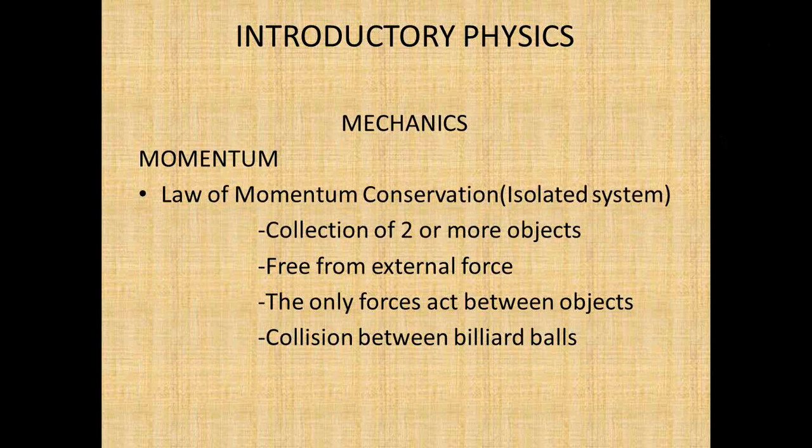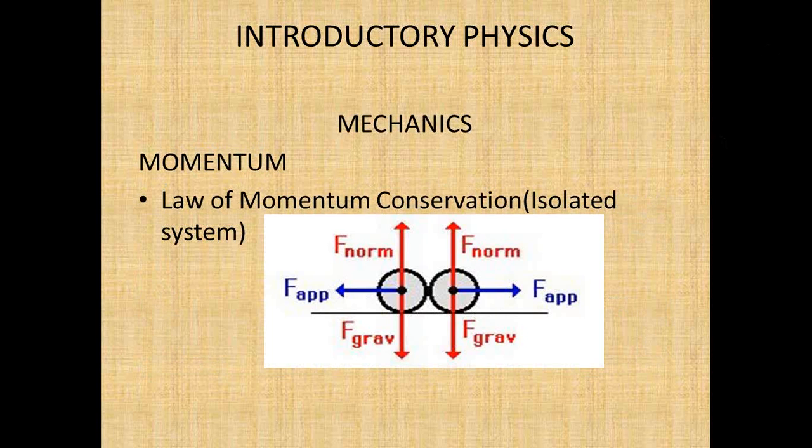If you look at the collision of two billiard balls, this would be an isolated system. So this is one billiard ball and this is the second. If there's contact between them, if you look at all the forces acting on the billiard ball, you have the force of gravity, you have the normal force, and then this ball is going to contact this ball, but this ball is also going to contact that ball.